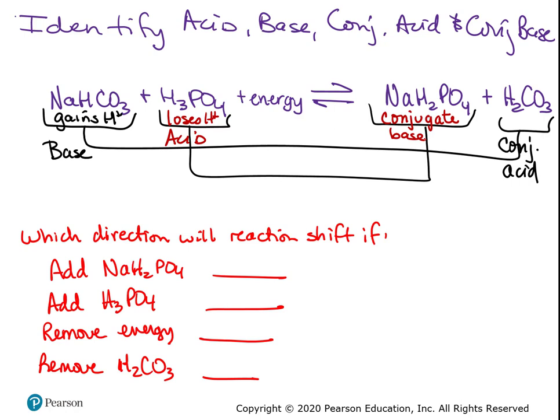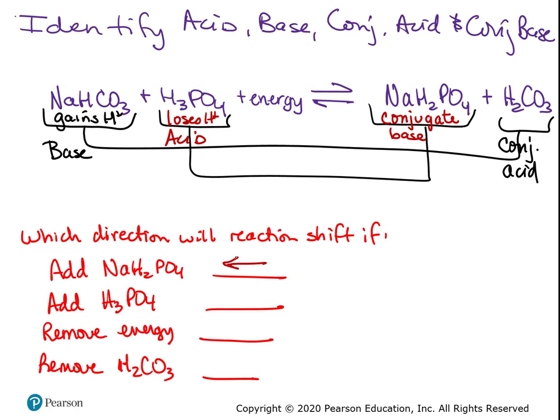So now I have all of this in a container. What will happen if this is at equilibrium? You tell me which direction this reaction will shift if I add NaH2PO4. Will it shift forward or reverse? And I don't care if you think forward or reverse or right or left. It's going to go in reverse.